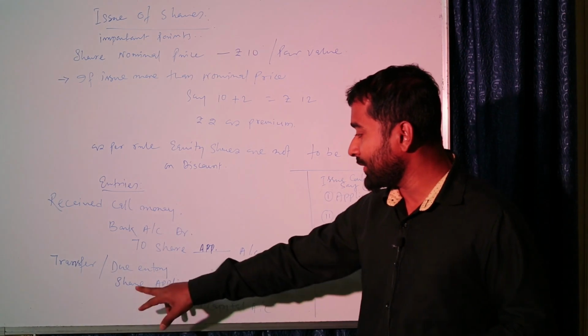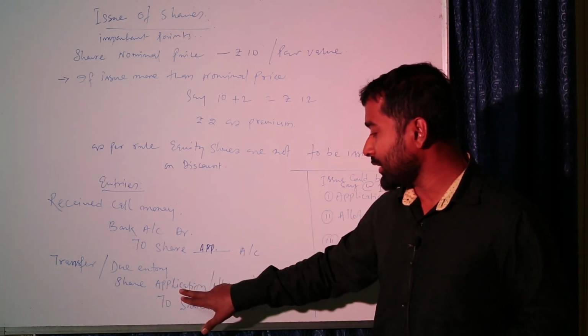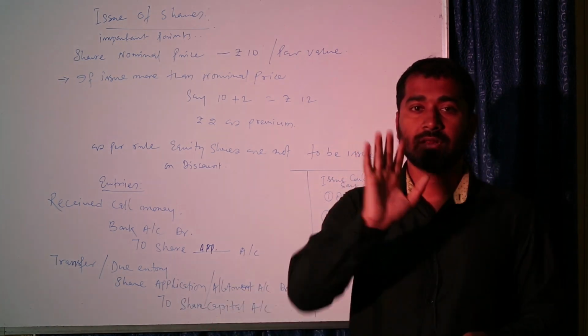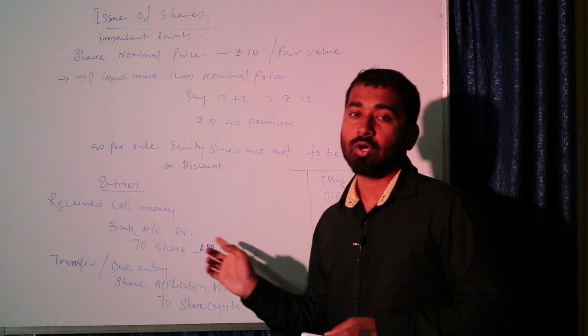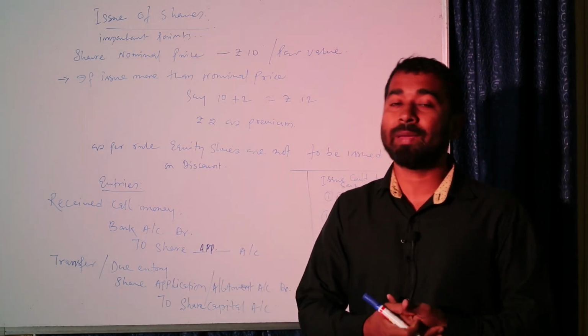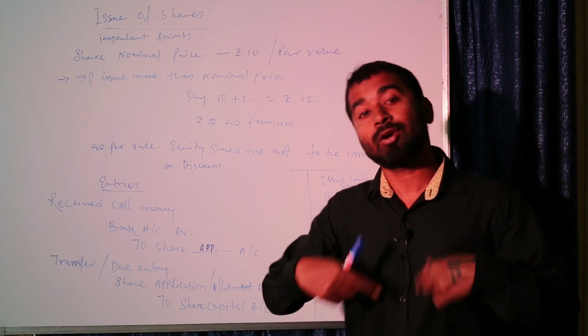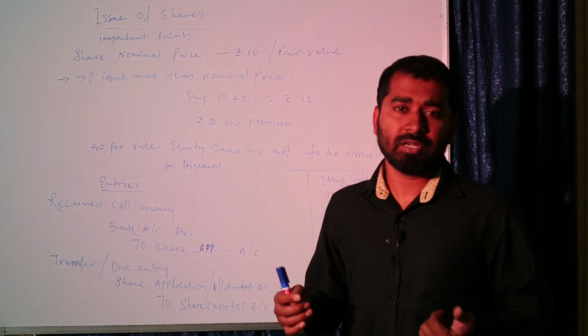So when we write share application account debit to share capital, like that. But the second time, when that person has already subscribed, the person does not pay the money first; first the company calls the money. It's like admission.